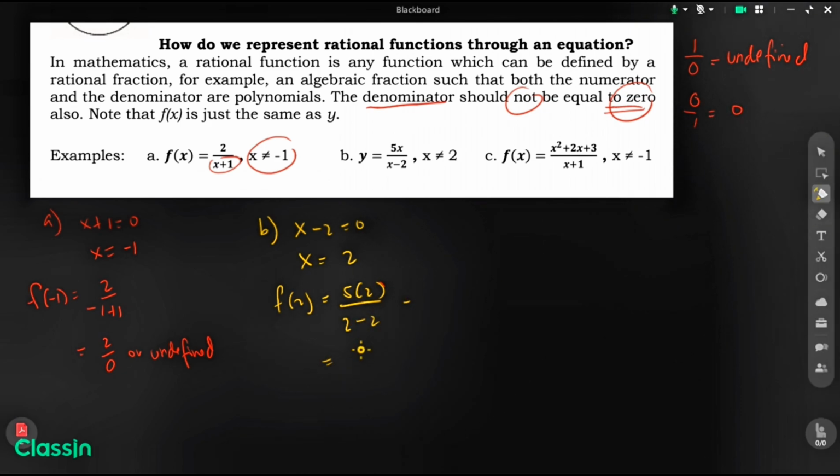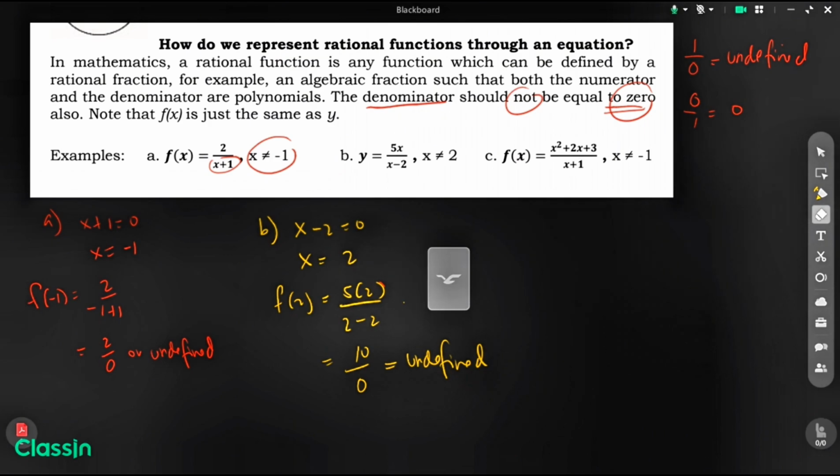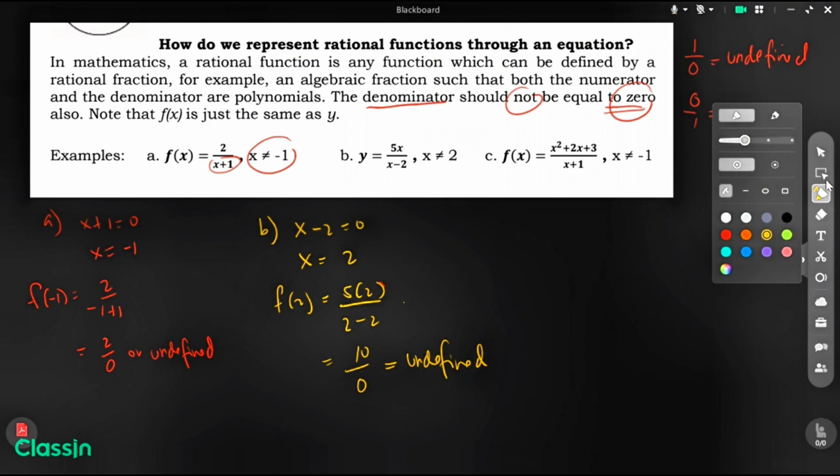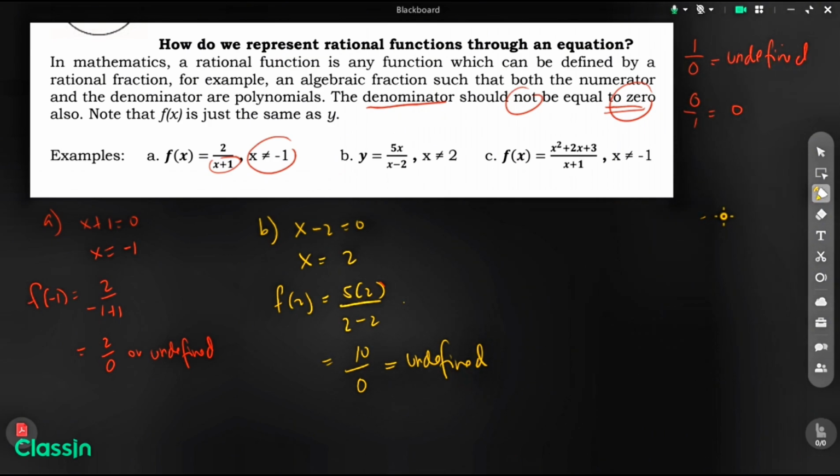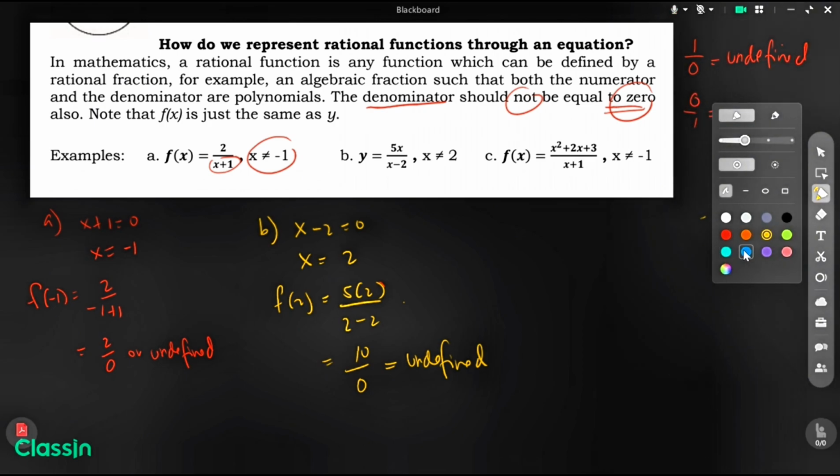So this will be 10 all over 0, or undefined. So for letter B, x equal to 2 makes the function undefined. So x must not be equal to 2.